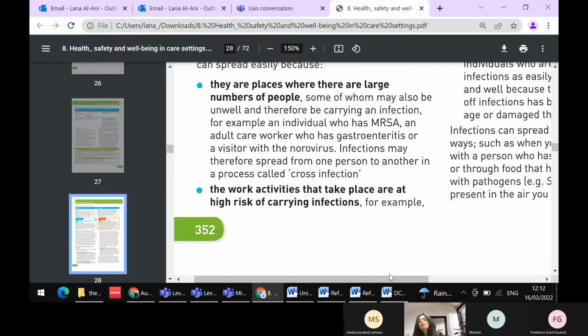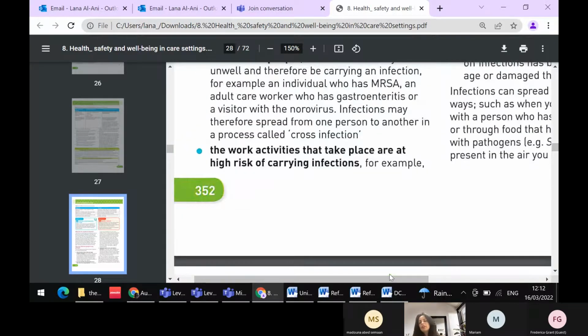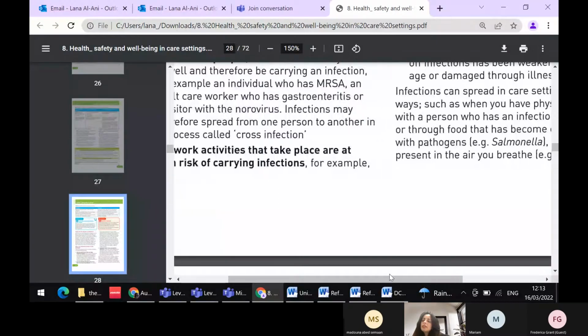So maybe not only the client, maybe myself. I need to make sure that I don't have any diseases before I go to work. If you are sneezing, maybe influenza, maybe flu, maybe COVID, you need not to go, otherwise you will spread this infection.